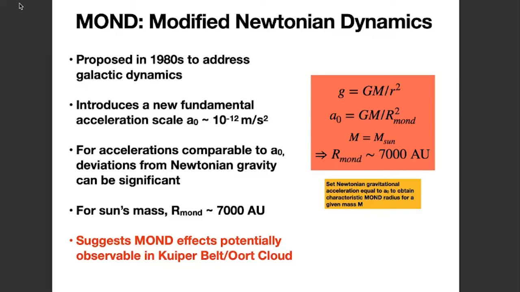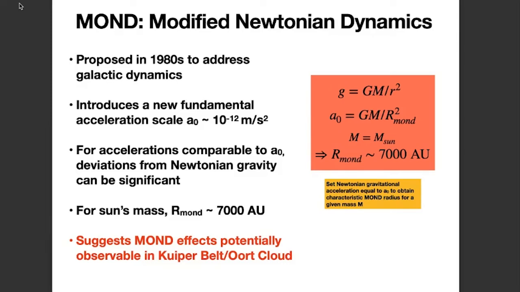So you can take the mass of the sun and ask at what distance do we find that the sun's gravitational acceleration is comparable to the MOND scale, and that distance is about 7,000 astronomical units, which is in the Kuiper Belt Oort cloud region where these planetesimals are.